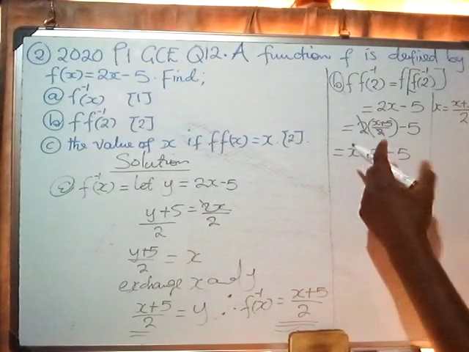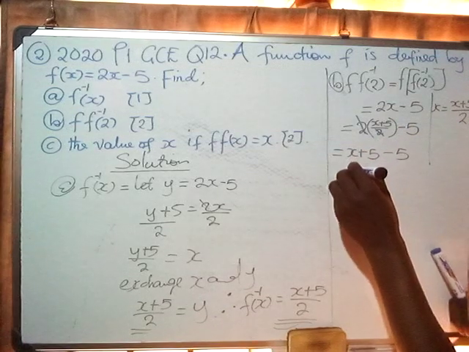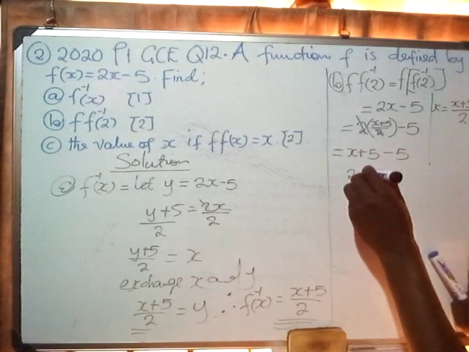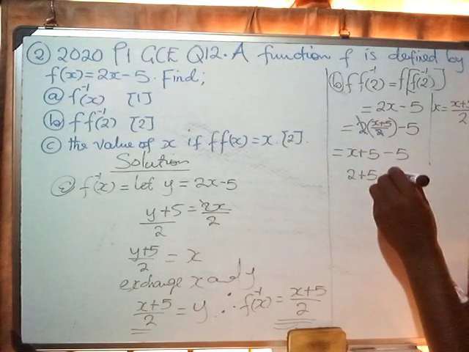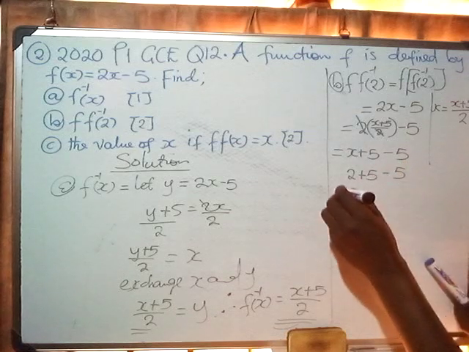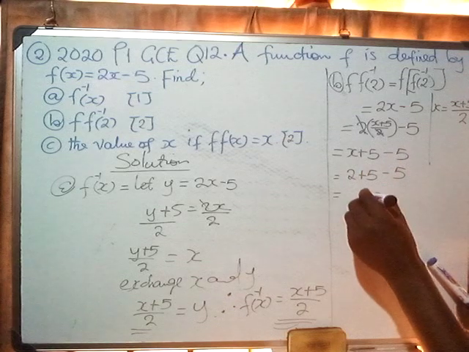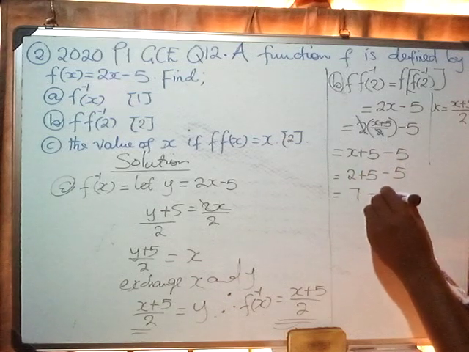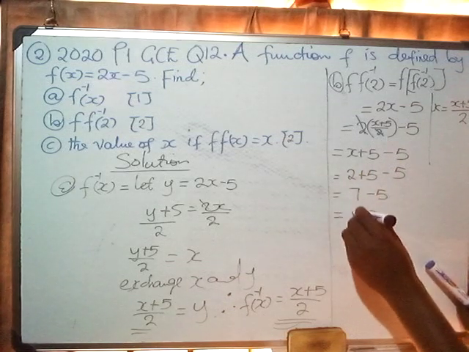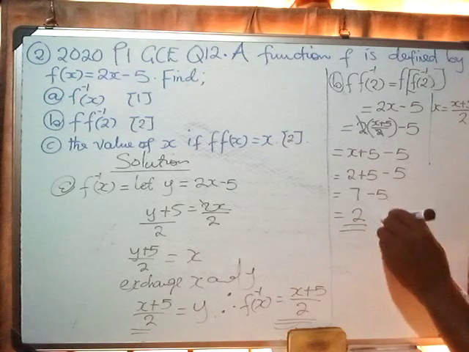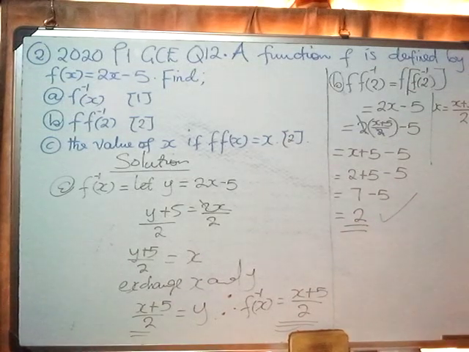So it will be 2 plus 5 minus 5. 2 plus 5 is 7. 7 minus 5, the answer is 2. So 2 is the answer we have gotten for question number B.